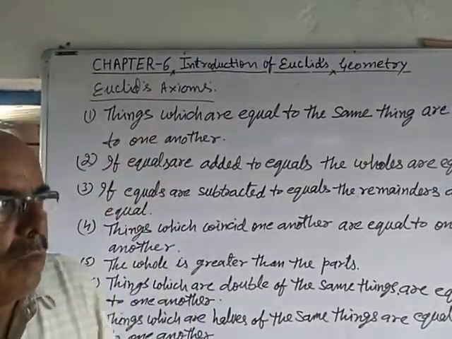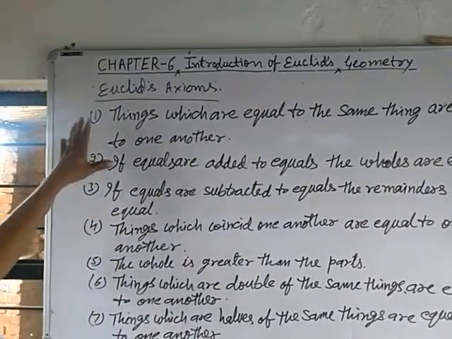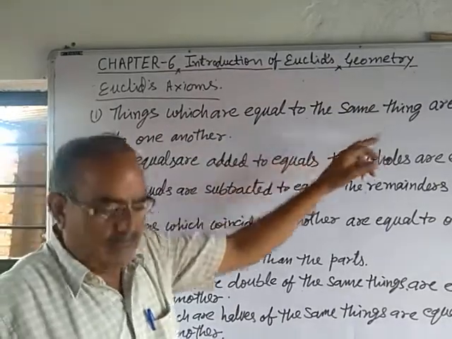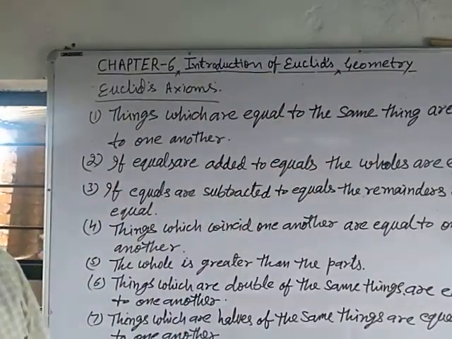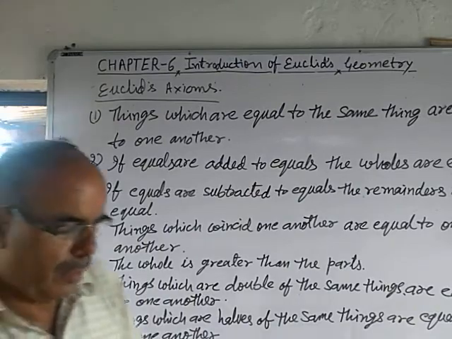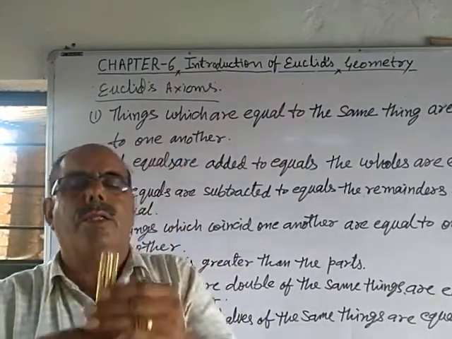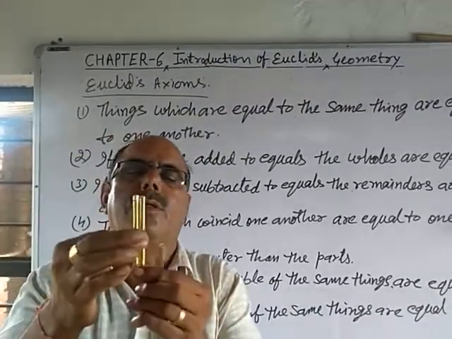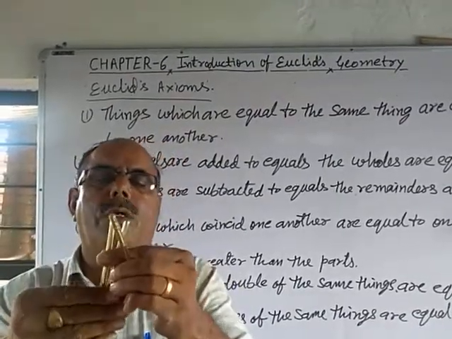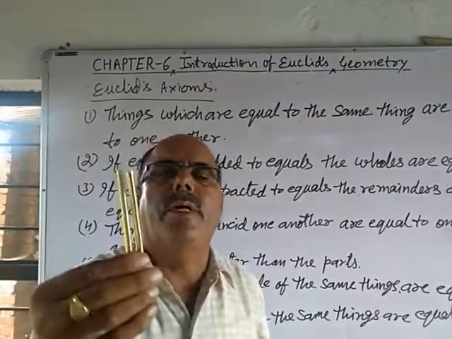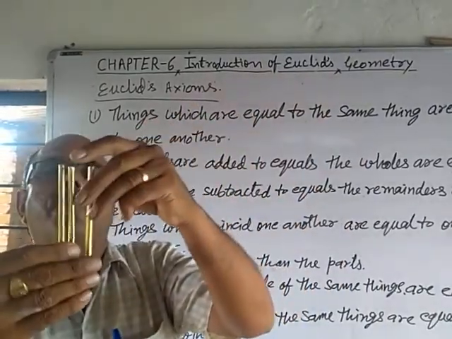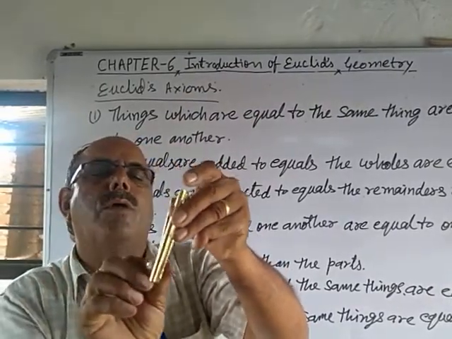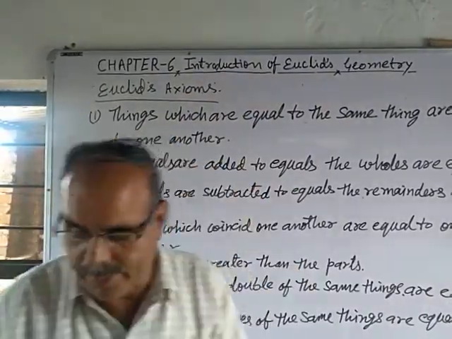Now we will describe one by one. Things which are equal to the same things: I take three sticks that are the same. If the first pipe is equal to the second pipe and the third pipe is equal to the second pipe, then the first pipe is also equal to the third pipe.